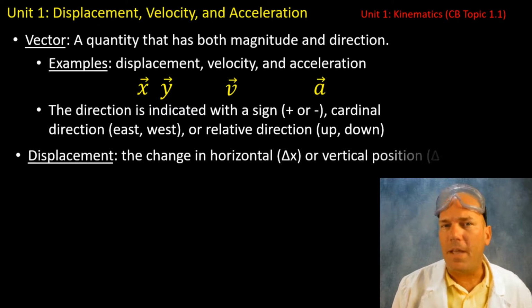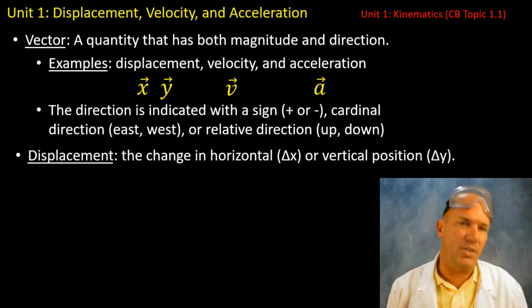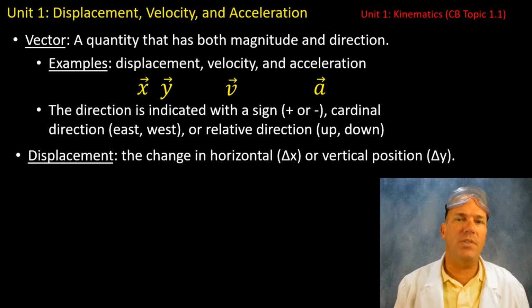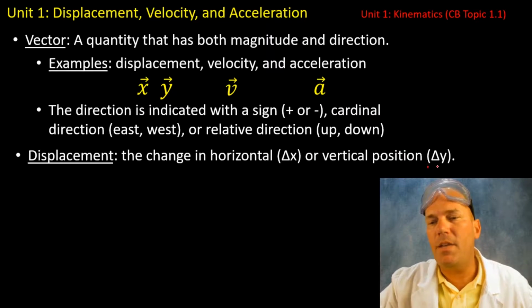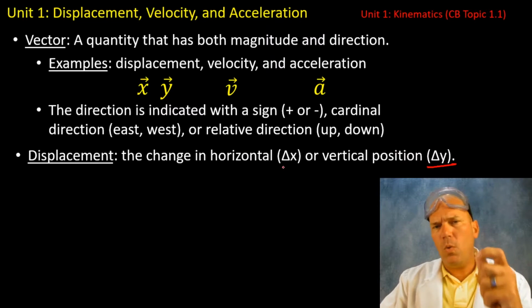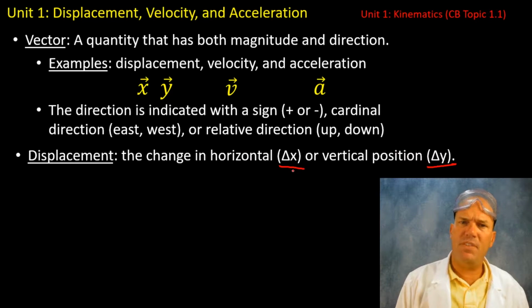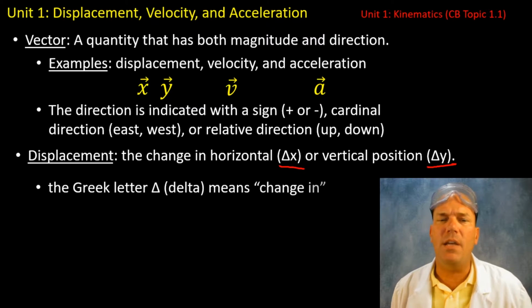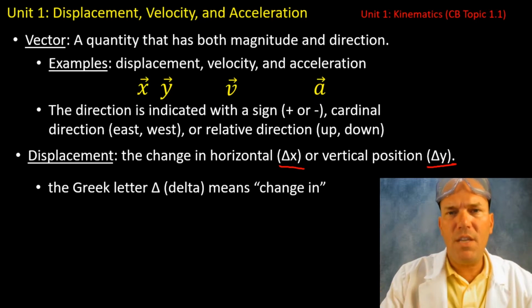Displacement is defined as a change in position. Now, again, that can be a vertical change in position, denoted with a delta y, or a horizontal change in position denoted with a delta x. Now that Greek symbol delta refers to a change in.